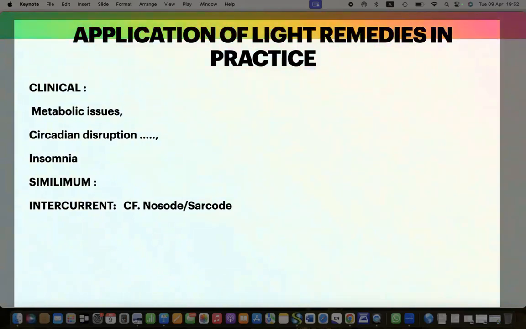Clinical issues. Metabolic issues are so important, where you see circadian disruption. I've had a few patients who get into a rhythm where they go to sleep at 2 or 3 in the morning, and then wake up at 8, 9 or 10. They're not sleeping enough, sleeping at the wrong time, sleeping in the early evening and then waking up again.